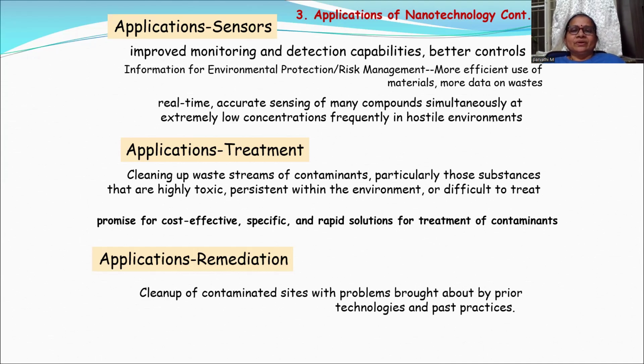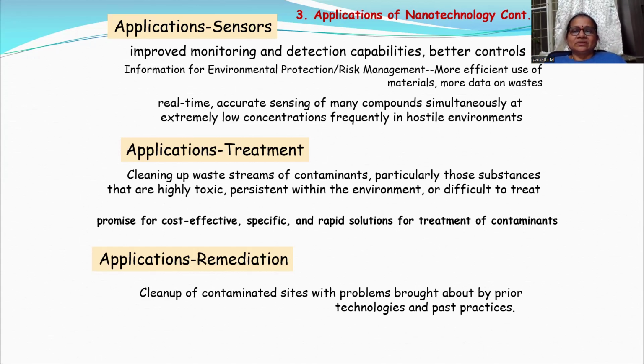So environmental protection, risk management, more efficient use of materials, and less waste. Similarly, coming to treatment, like cleaning up of waste streams of contaminants, particularly those substances that are highly toxic. During that time, human intervention will be reduced, depending on the type of material used for making such applications.